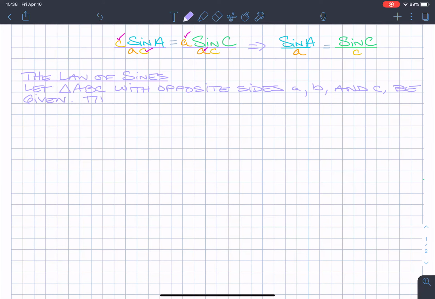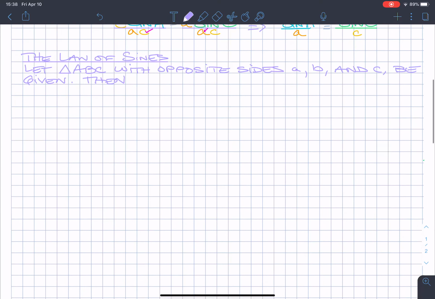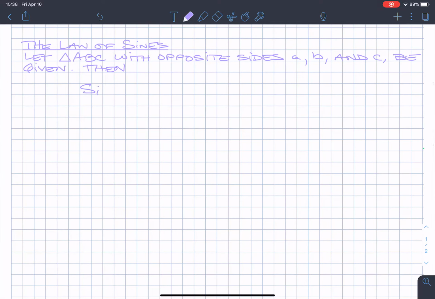Then we have the law of sines as follows. Sine of angle A divided by little side a is the same as sine of angle B divided by little side b, and that is the same as sine of angle C divided by little side c.